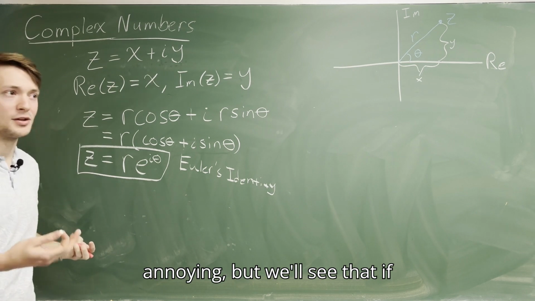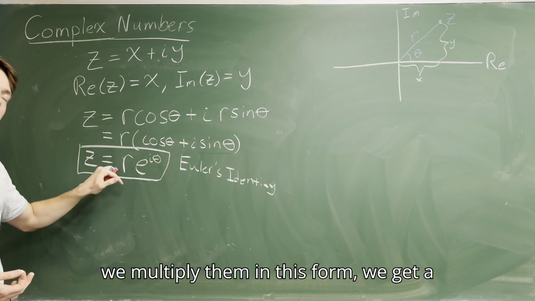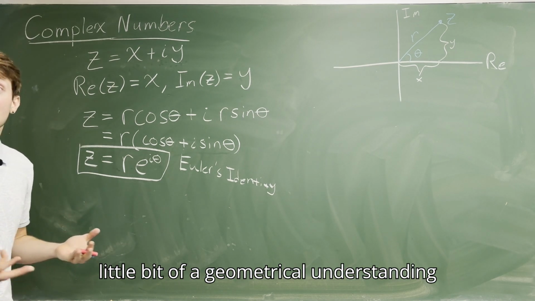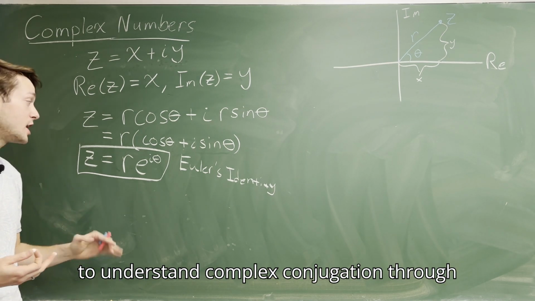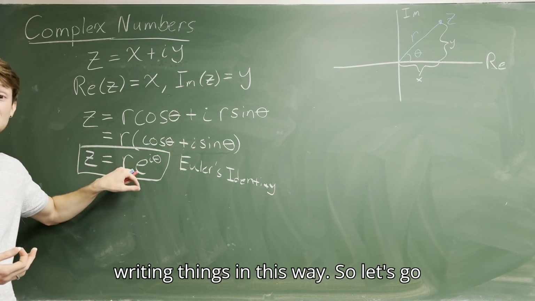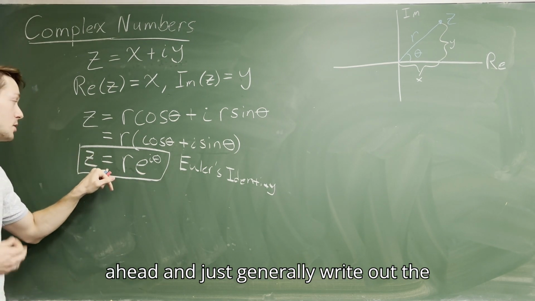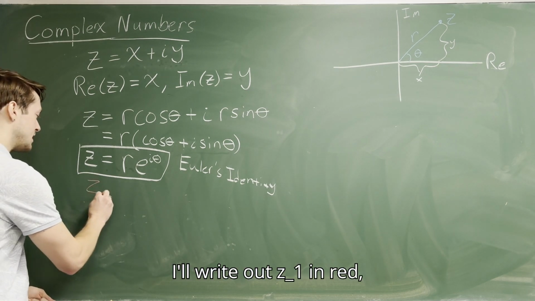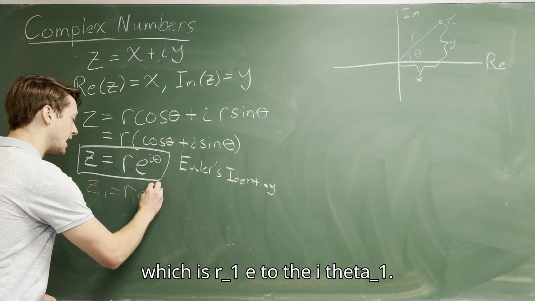It can be a little annoying, but we'll see that if we multiply them in this form, we get a little bit of a geometrical understanding of what's happening. And it's very useful to understand complex conjugation through writing things in this way. So let's go ahead and just generally write out the product of two complex numbers. I'll write out z1 in red, which is r1 e to the i theta 1.